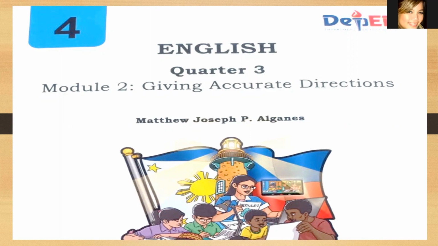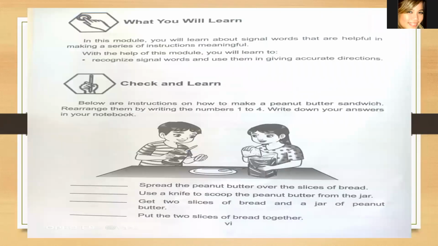English quarter 3, module 2, and our lesson is all about giving accurate direction. Okay, so let's proceed now to the first page. Okay, children, what will you learn?